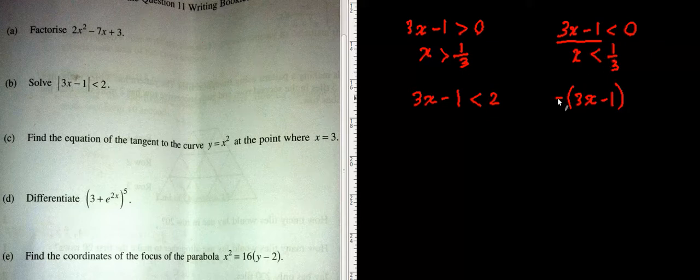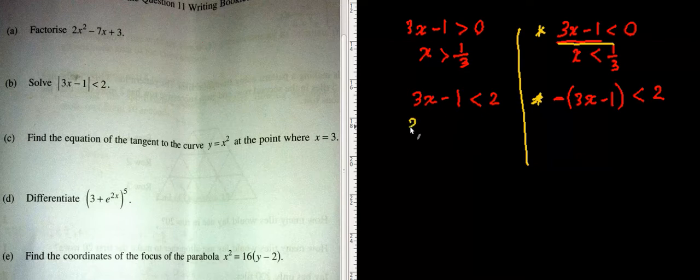The absolute value is going to make it negative of a negative, which has to be less than 2. This point is really important to understand, and I think that's what a lot of people skip out on. If 3x minus 1 is negative, then I need to make it negative of a negative number to get the absolute value. So let's do these two things.